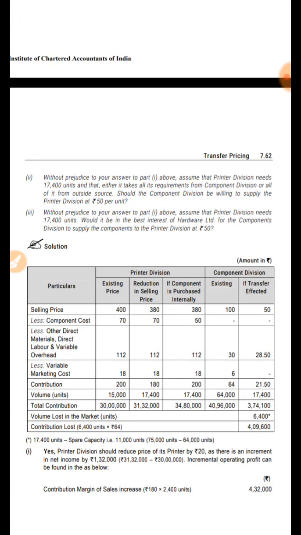Part 2 is saying, without prejudice to your answer to part 1. Without prejudice means without affecting. Assume that the printer division needs 17,400 units and that it either takes them fully or doesn't take at all. So whether the component division should be willing to supply the printer division at ₹50 per unit.